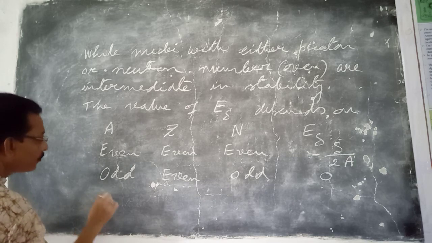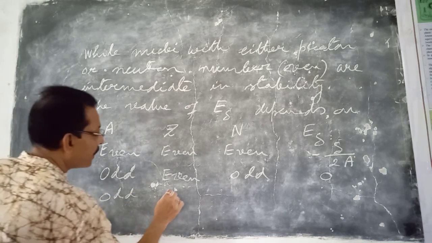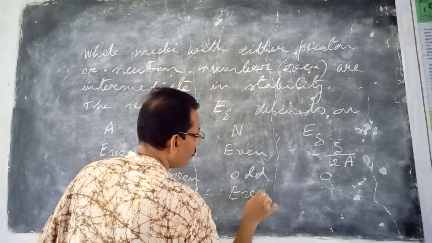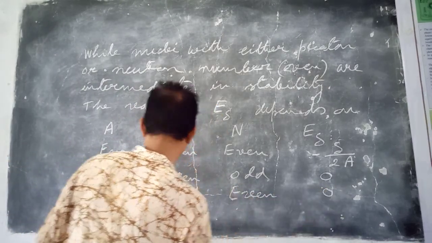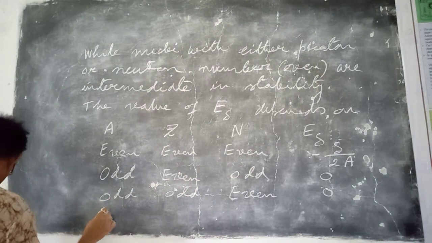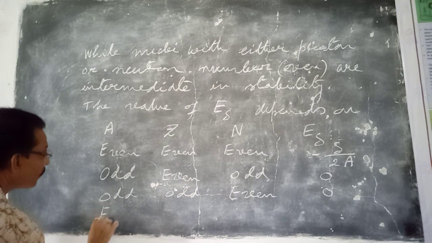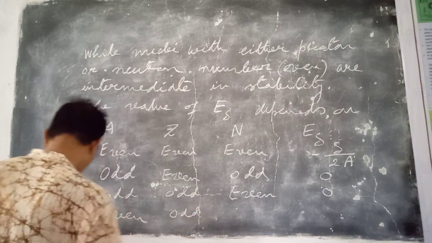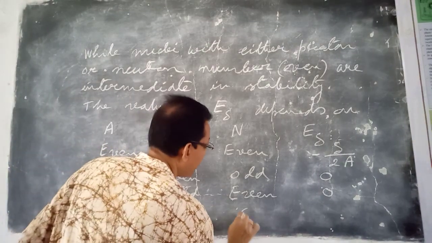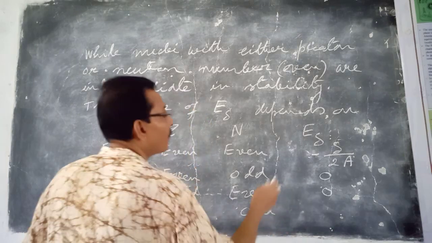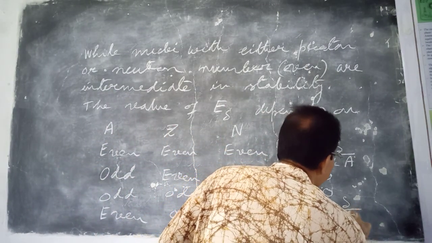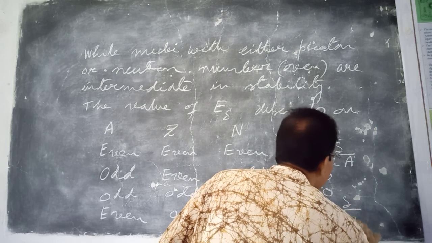And when both proton number and neutron number are odd, it is plus delta by twice A.